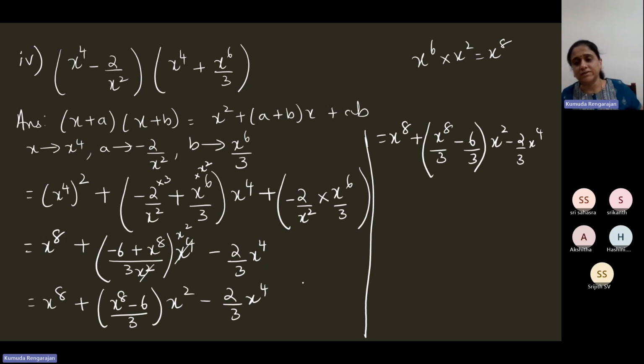Now multiply this and this. What will you get? X power 8 into x power 2, x power 10. X power 10 divided by 3. Correct? And here 6 by 3 is 2, so 2x squared. So minus 2x squared.